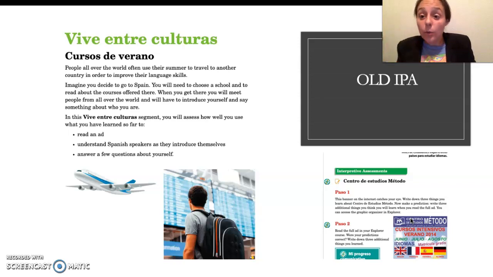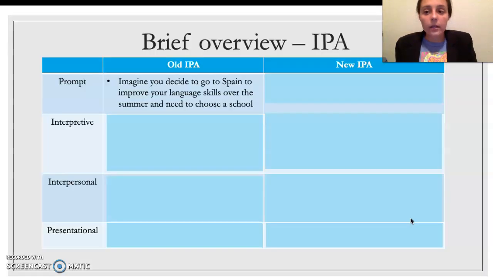I liked this old IPA because it brought up a lot of the key vocabulary and context, but I felt like it wasn't very authentic for a lot of the students I worked with in the past, because a lot of my students wouldn't be able to visualize themselves traveling to Spain, nor spending their summer going to school rather than caring for younger siblings or having a job. So I moved on and developed a new IPA for this unit.